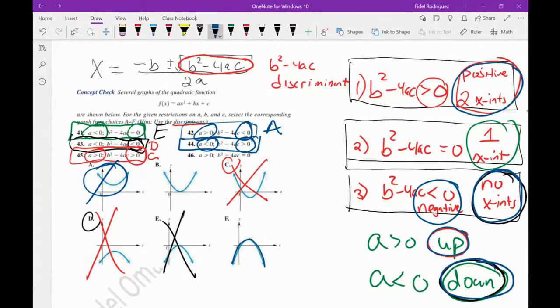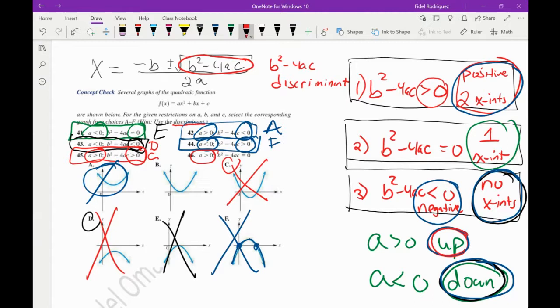So this graph is opening down, and it hits the x-axis twice right there. So we know that 44 is going to be choice F. We've already used that one. And then, by process of elimination, guys, 46 looks like it should be B because that's the only one we still got. But let's double check.